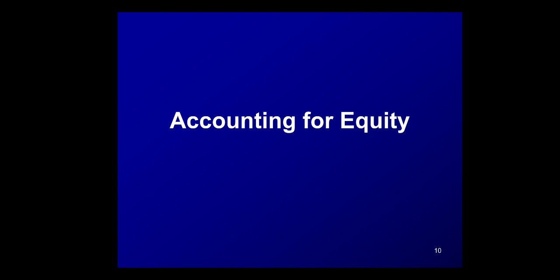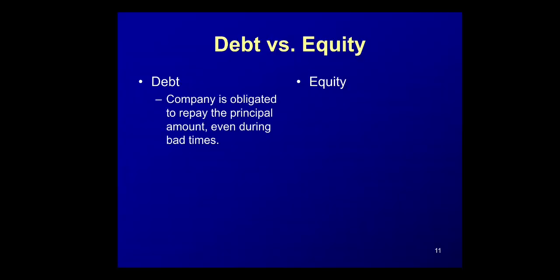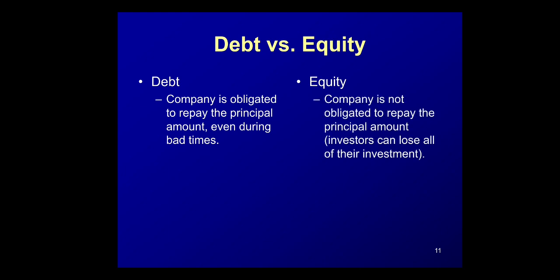Okay, now let's see the second part of this topic, which is accounting for equity. Remember what is equity? Equity is the amount owned by the owner of the business in the business. Let's say you open a grocery shop, then the amount that you put into the business, for example, you put $20,000 cash when you start the business, that amount is called the owner equity, the amount owned by you in the business.